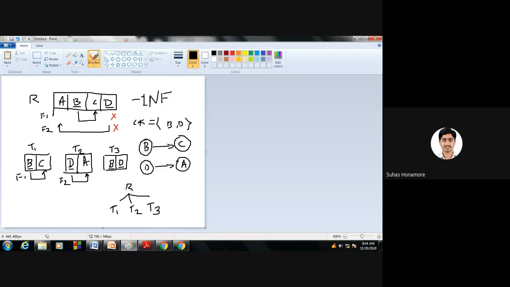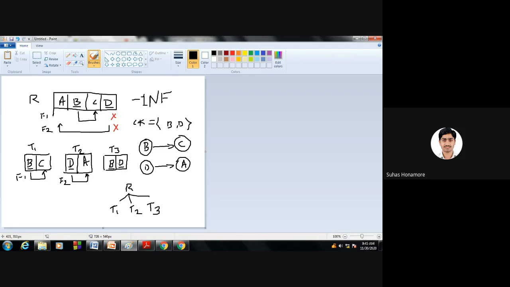Now we have to check which normal form it is in, 2NF or 3NF or what. By default these are the primary keys, we don't have any non-prime attributes, so this is in 2NF also. We already checked T1 and T2, so this entire decomposition is in 2NF. Now we'll check for 3NF.